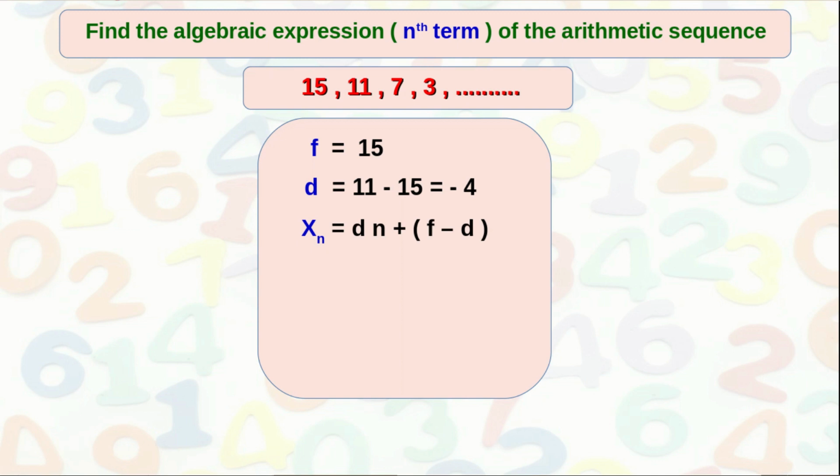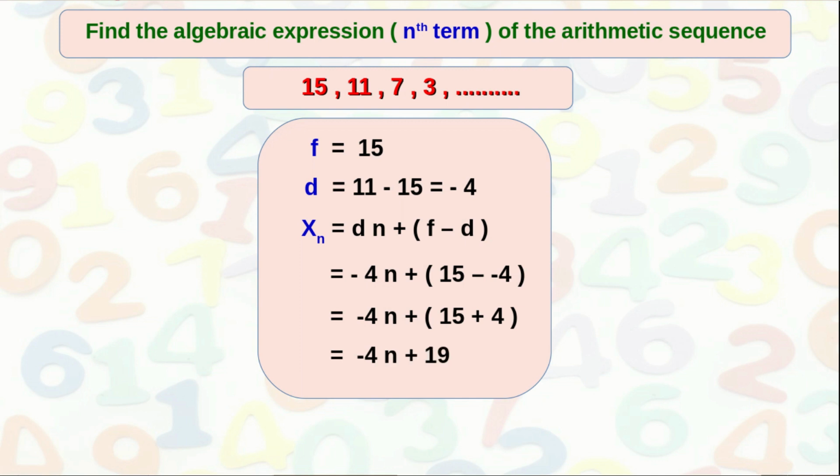Substitute for d and f. d is negative 4, that is negative 4n plus first term 15 minus again minus 4, that is equal to minus 4n plus 15 plus 4, that is equal to minus 4n plus 19.